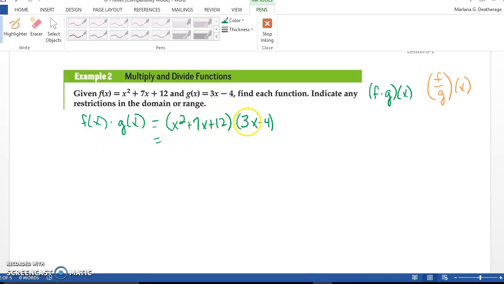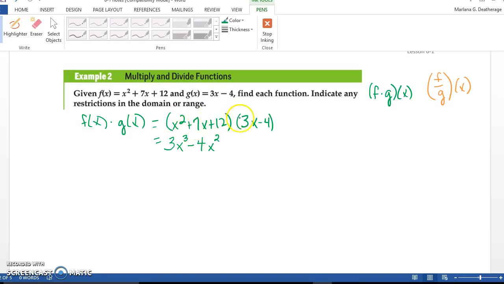X squared times 3x would be what? 3x cubed. We're doing the distributive property, we're multiplying, so you're not combining like terms. You're going to multiply each term times each term. So x squared times 3x would be 3x cubed. X squared times negative 4 would be negative 4x squared. Now move to the middle term.